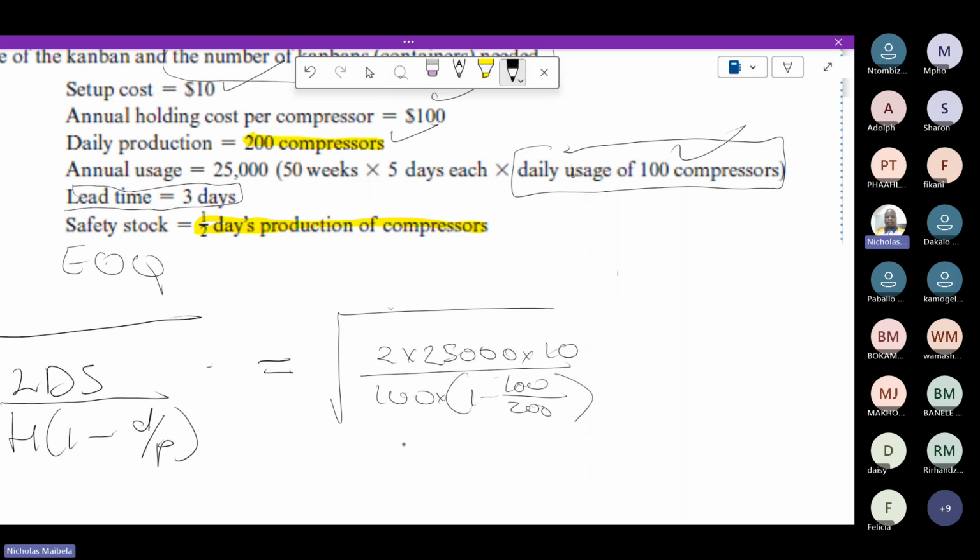All right. Which our EOQ becomes... what is our value of EOQ, guys? 31.62.